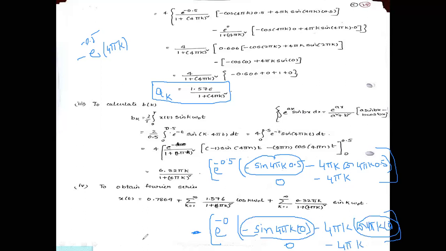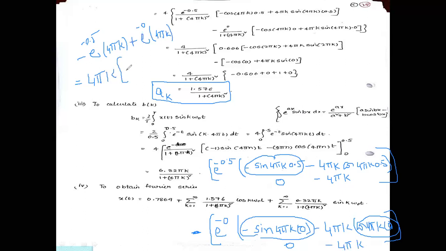The second term is minus into minus, plus e power minus 0 into 4 pi k. Now what is the common term of these two terms? 4 pi k is the common term.